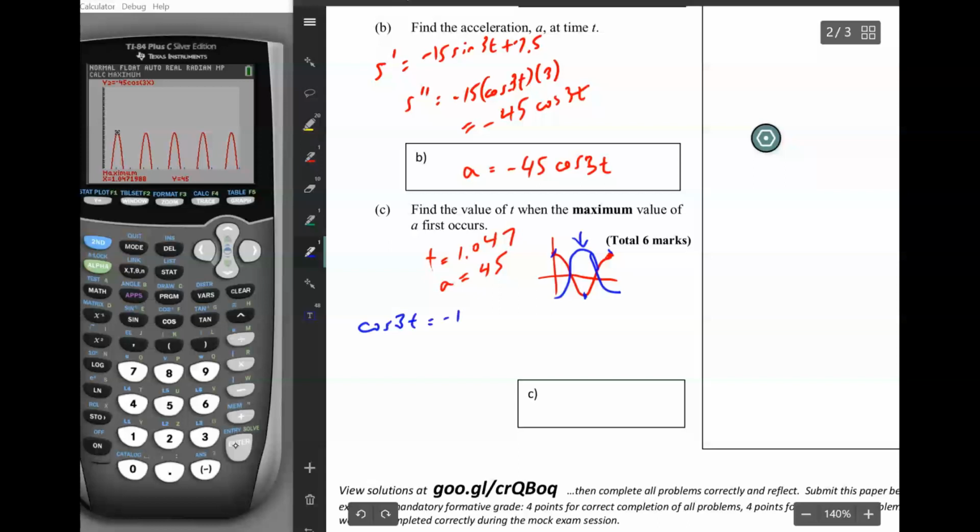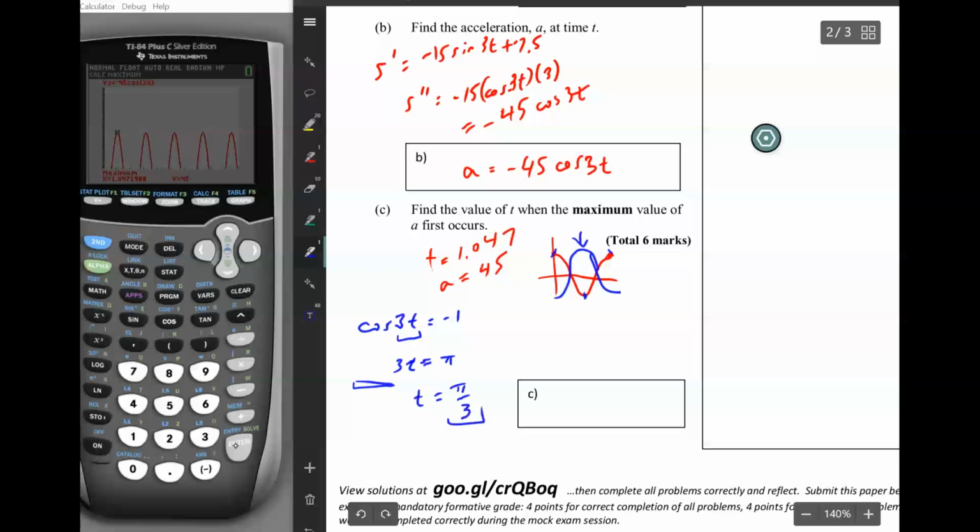That would happen when 3t is at 180 degrees. If it's cosine of 180 degrees, that would be a cosine of negative 1. So that means 3t would equal 180 degrees or pi, right? And then the t value would be pi divided by 3.